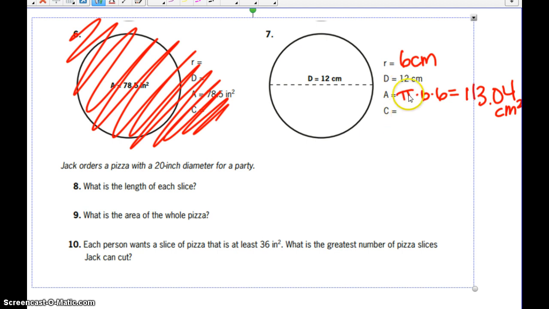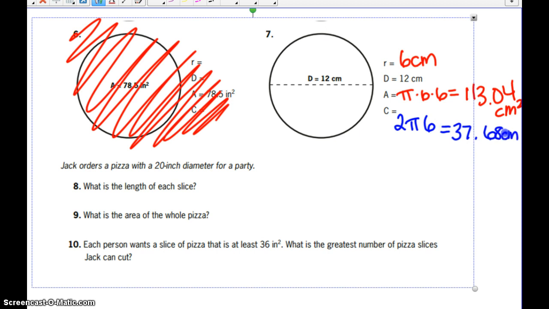For your circumference, hopefully you've already gotten that. If you know your radius is 6, you know it's 2 pi times the radius. So 2 times pi times the radius, and you're going to get 37.68. And that's going to be in centimeters.